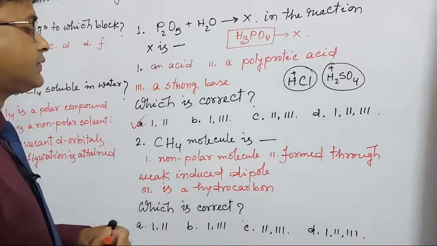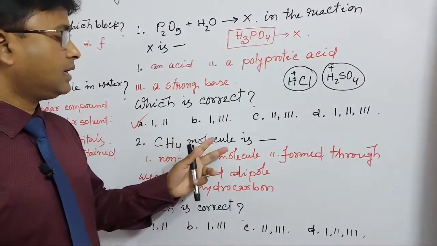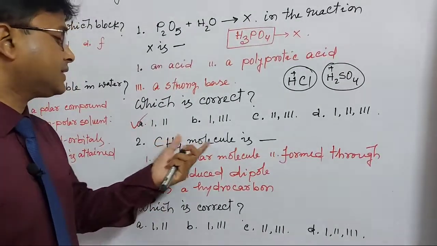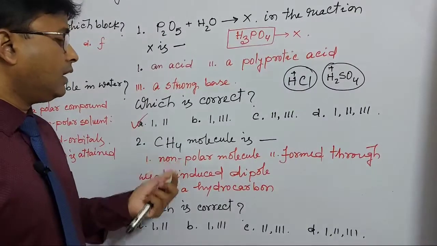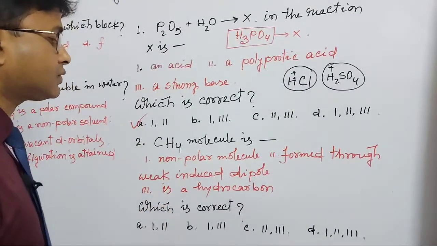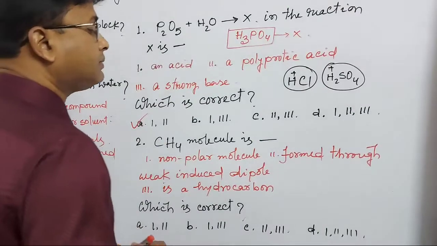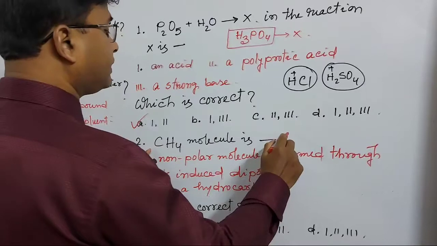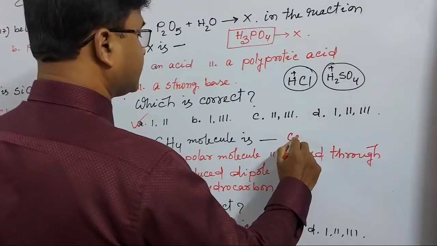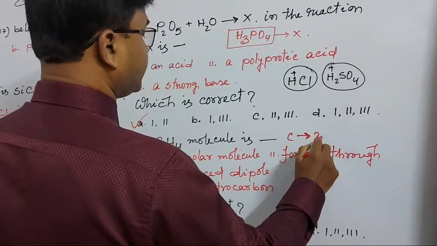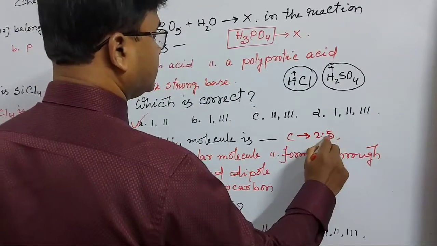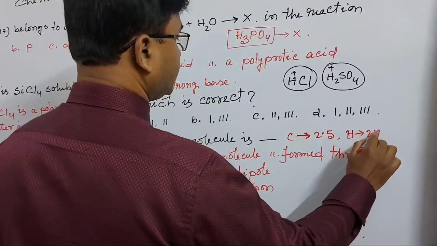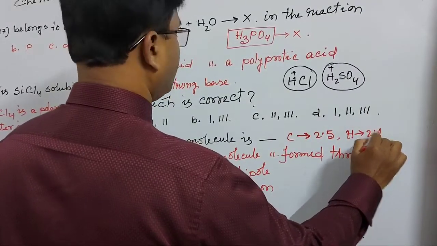Methane, CH4 molecule. You know that CH4 is the formula of methane. CH4 molecule is a non-polar molecule. Students, if you observe the electronegativity of both carbon and hydrogen, the electronegativity of carbon is 2.5 and the electronegativity of hydrogen is 2.1.